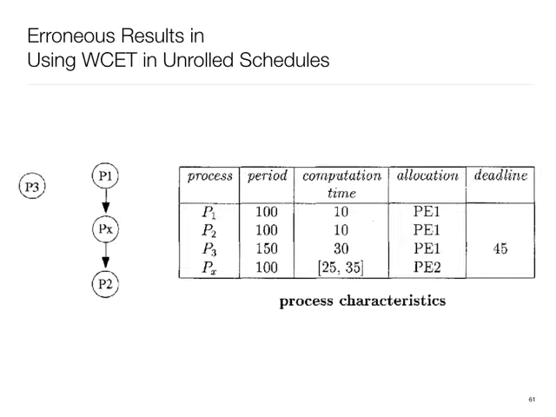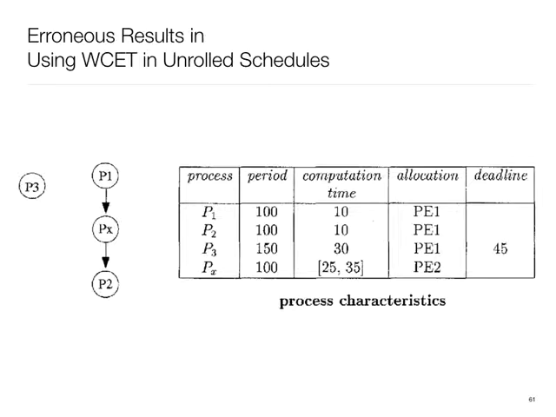So I have another application which has 4 processes in it. P1 feeds Px, Px feeds P2, and I have an independent process P3. P1, Px, and P2 have a period of 100. Remember, they are coupled, so every time P1 runs, Px runs, and P2 runs. They have the same period, 100, and the computation time for P1 is 10, the computation time for P2 is 10, and Px can take a computation time anywhere from 25 to 35.